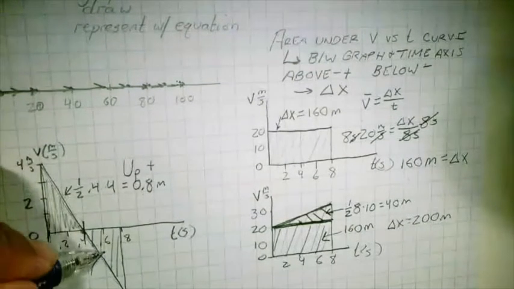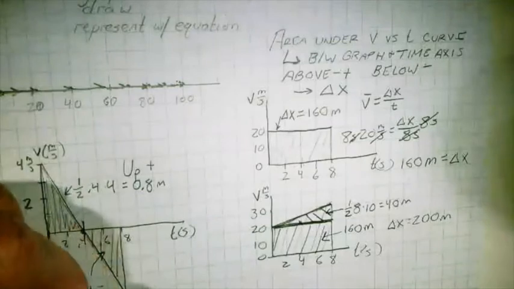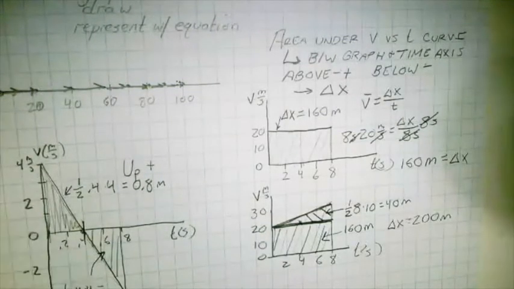This one has the same size. 1/2 times 0.4 times 4 equals 0.8 meters, but it's in the negative direction. We count it as a negative.